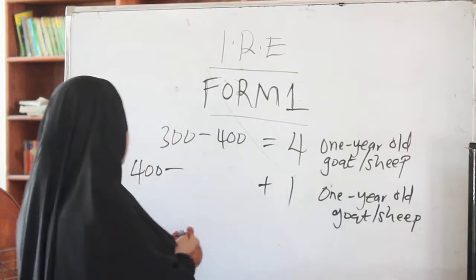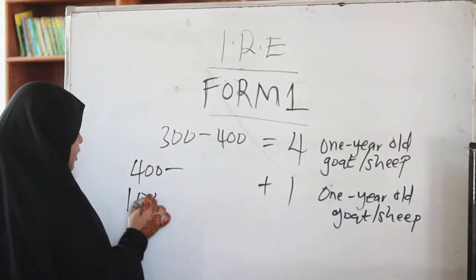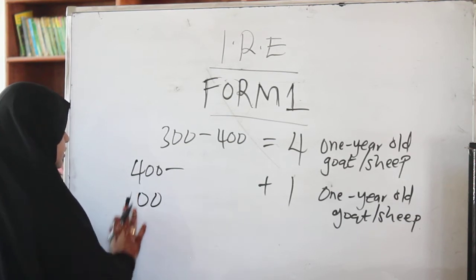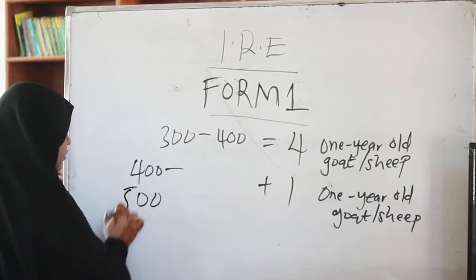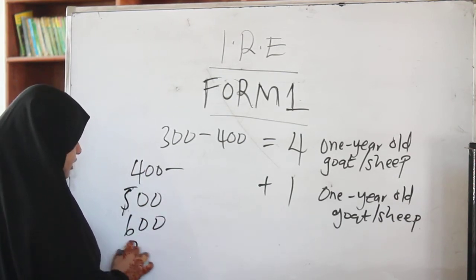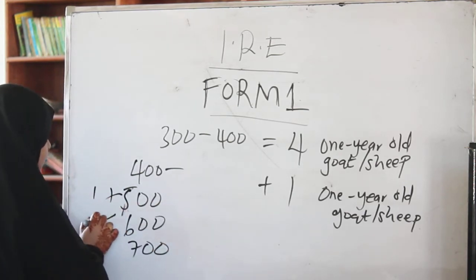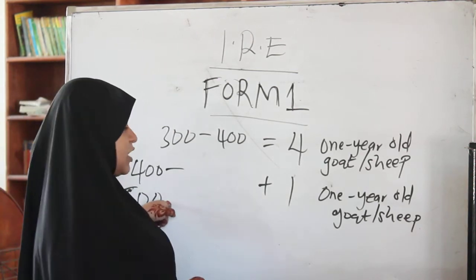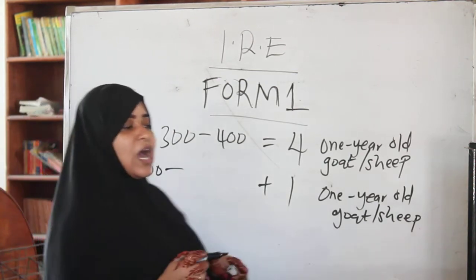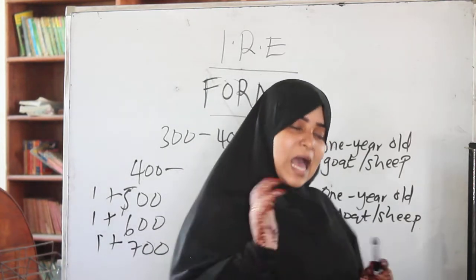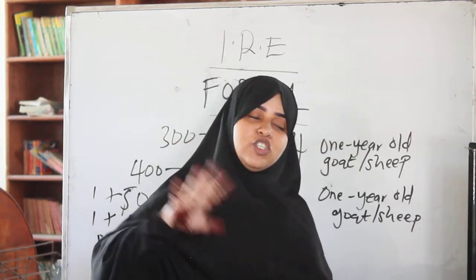Assume you have plus 100, that is 500, or 600, or 700, you give an extra 1 year old for each. Let's look at 500 animals, a mixture of sheep and goats.